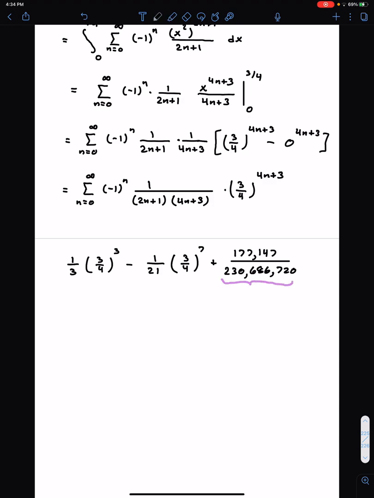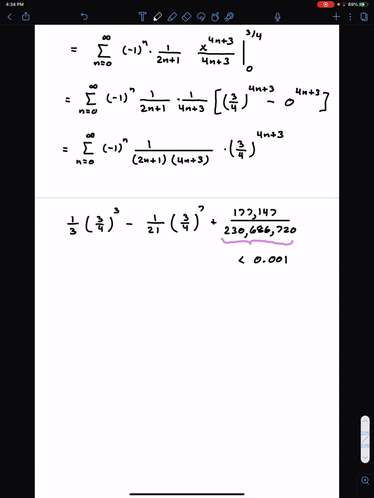That fraction is less than 0.001. Since that fraction is less than the approximation that I want, I can approximate this series by its first two terms.